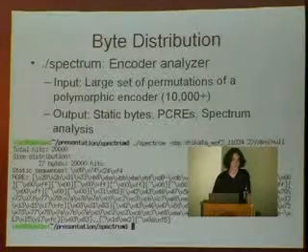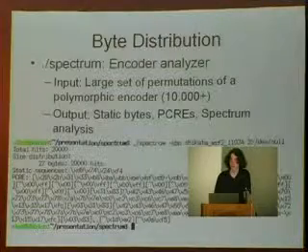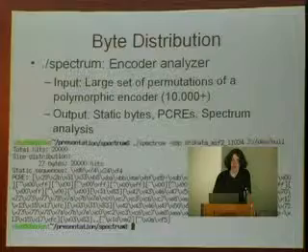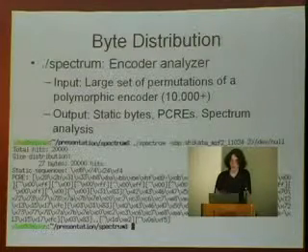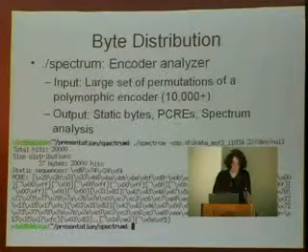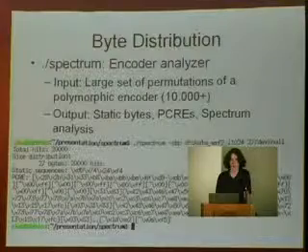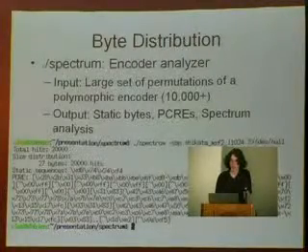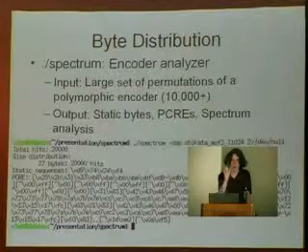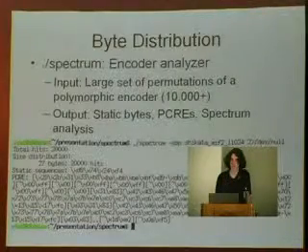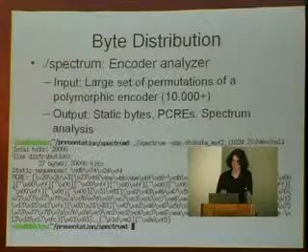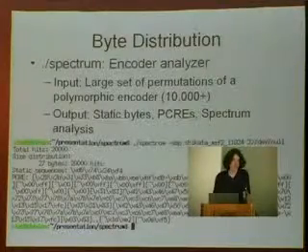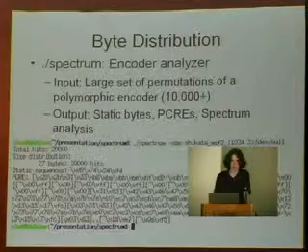To restate that, basically, you look at a large number of encoders, and it's likely that if you have a large enough set, the first byte of all of those encoders are the only bytes that are going to happen for the first byte, and the second byte of all of those encoders is the only second byte that is going to happen for all those encoders. So what can you output if you have this large set of permutations?